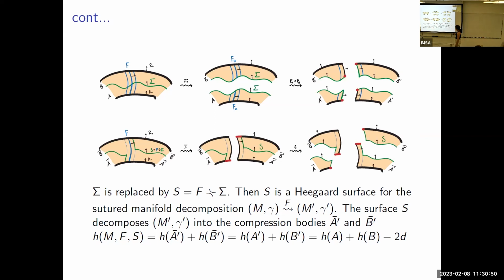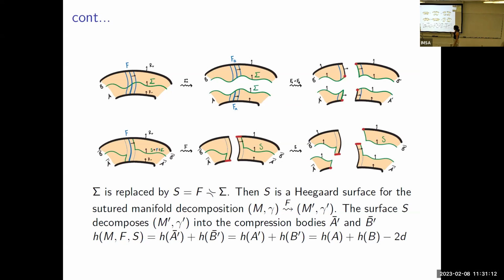Such a Heegaard surface is going to be just the transverse sum of the linear Heegaard surface sigma and the conditioned surface that we have.